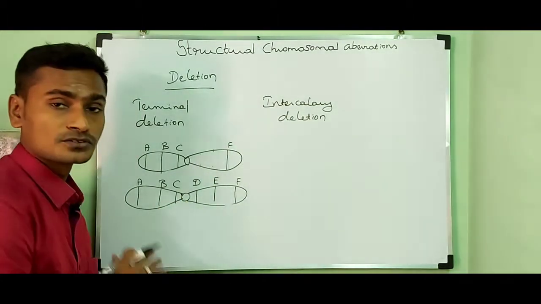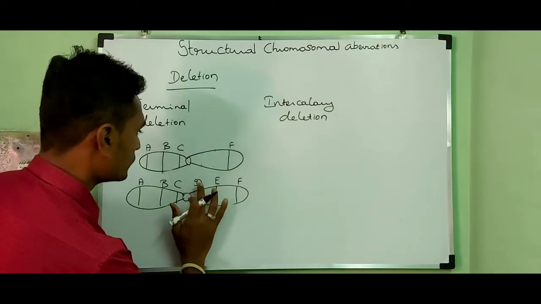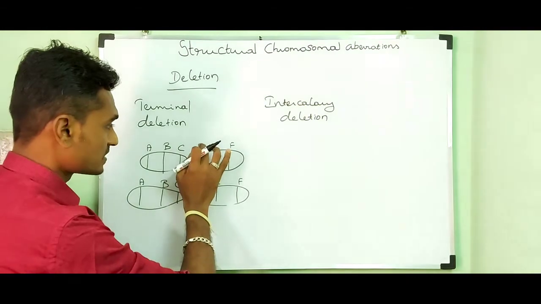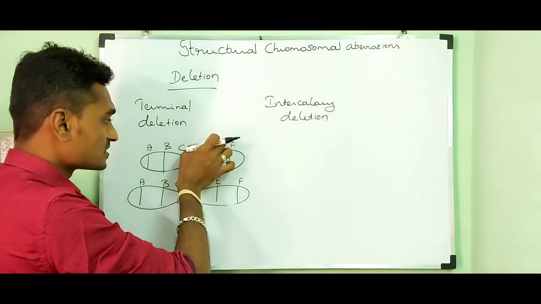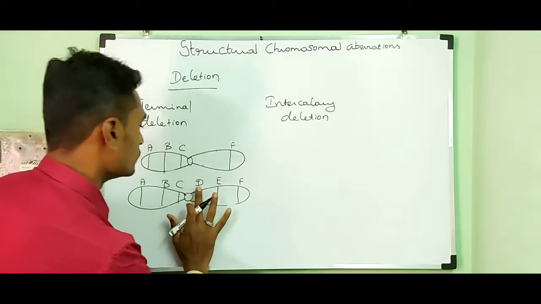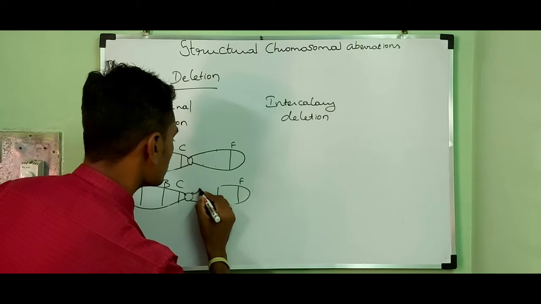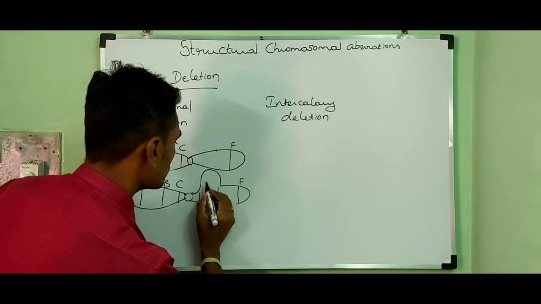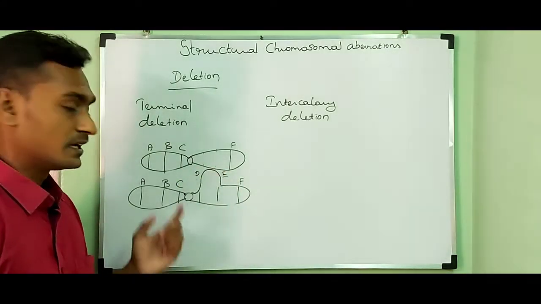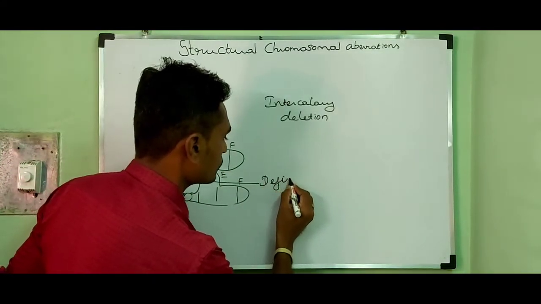This normal chromosome forms a loop at this portion, because here the two portions are deleted. So the normal chromosome forms a loop at this portion, and that loop is called a deficiency loop.